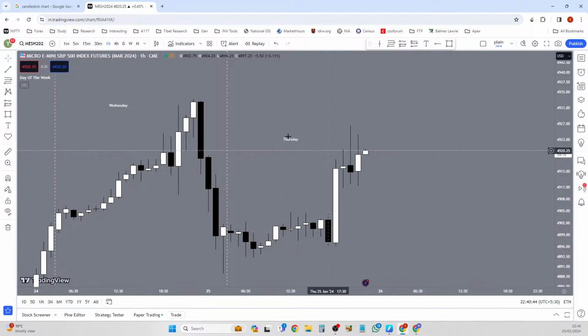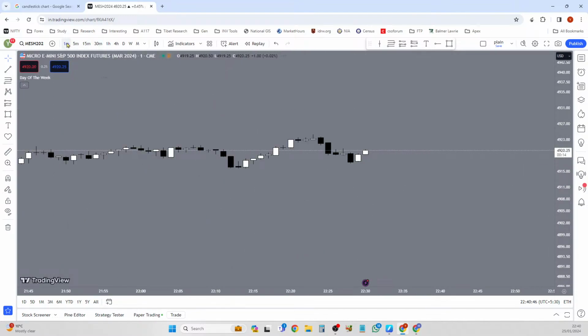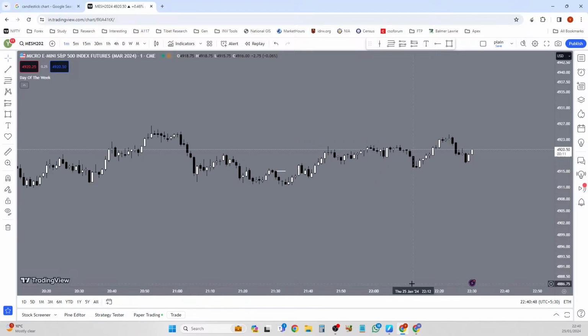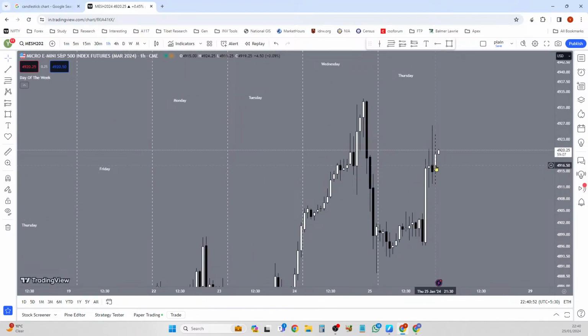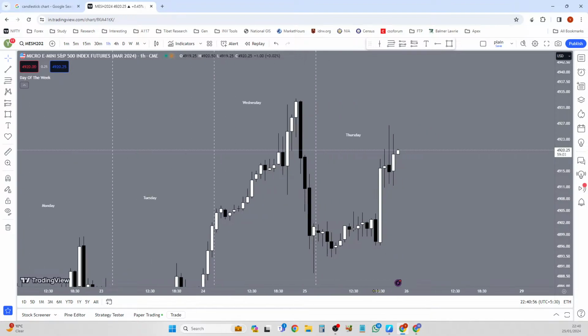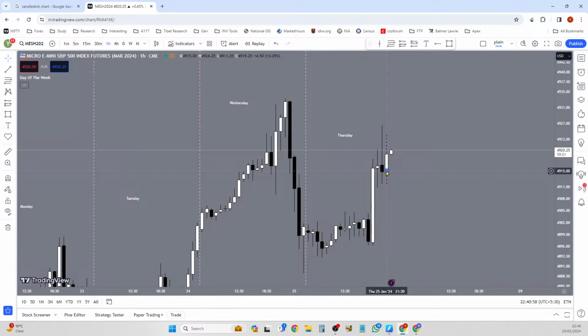So when we go down to 1 minute chart, you can see again on the 1 hourly chart, let me highlight, this is the candle we are talking about. It started at 21:30 and it closed at 22:30. And the next candle, once this candle closes, the next one opened.